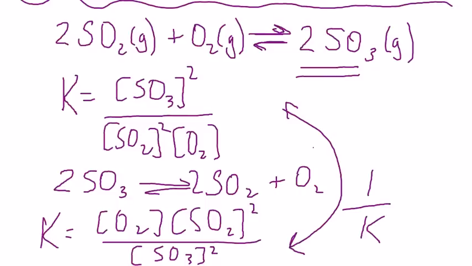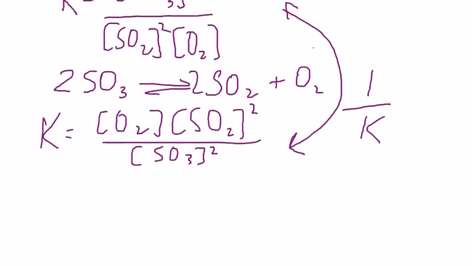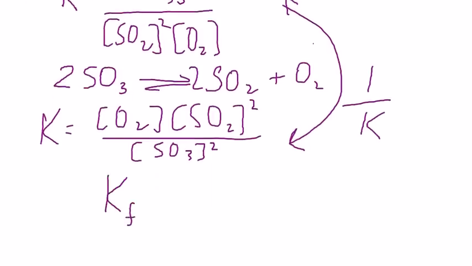So if you want to go one direction versus another, depending on how you want to write a reaction, you simply do the reciprocal of the K. Another way of saying this is K forward for any reaction approaching equilibrium or at equilibrium is equal to 1 over K reverse. So if in the process of manipulating reactions you want to write them in the other direction, you simply do the reciprocal of their value of K.